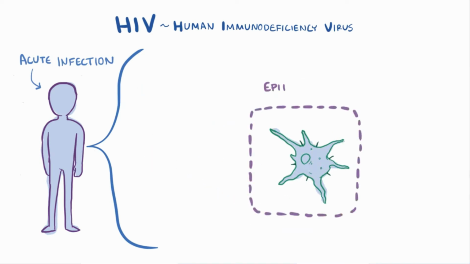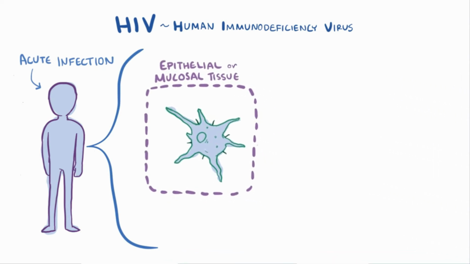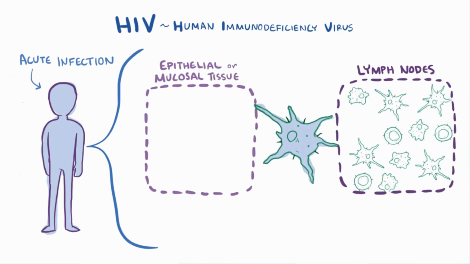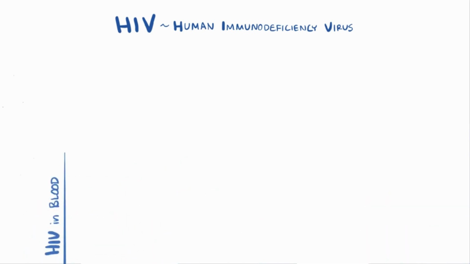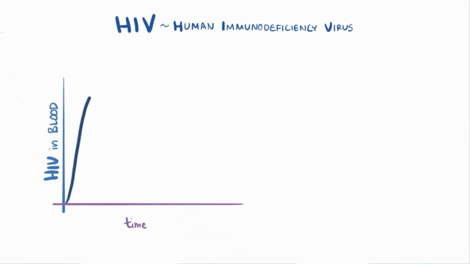Usually, dendritic cells hanging out in the epithelial or mucosal tissue where the virus entered the body capture the virus and migrate to the lymph nodes where a lot of immune cells live, and the R5 strain of HIV essentially has a field day, infecting T helper cells, macrophages, and more dendritic cells, which leads to a big spike in HIV replication and the amount of virus found in the patient's blood.